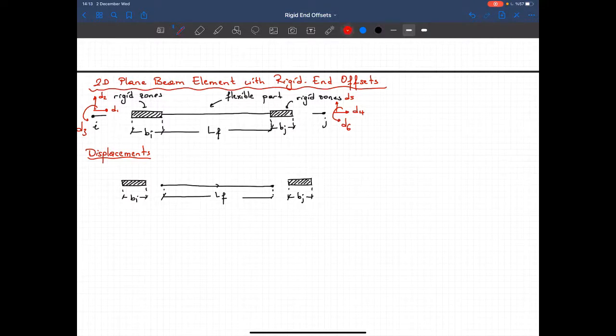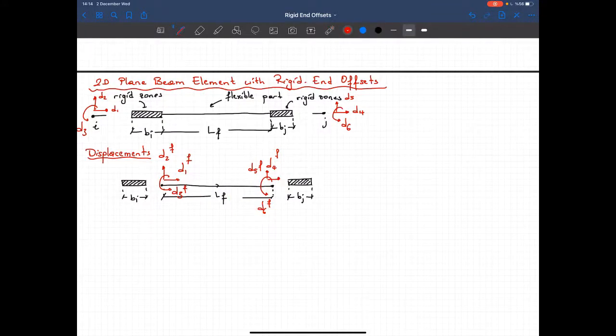Now let's take a look at the degrees of freedom at the ends of the flexible member. So I have d1 flexible, d2 flexible, and d3 flexible. Now I have d4f, d5f, and d6f. So these are the degrees of freedom at the end of the flexible member, and I know the stiffness matrix that relates all these degrees of freedom.